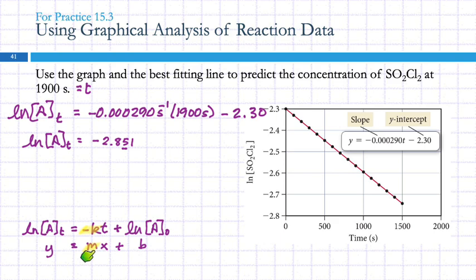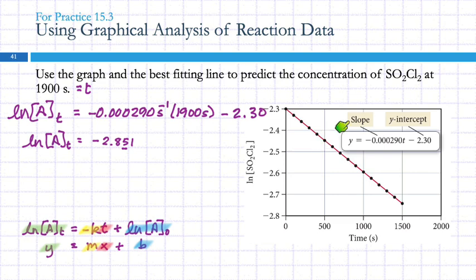We take the slope and change the sign to get k, or to get the slope, we take k and change the sign. Natural log of A is equal to y. Natural log of A0 is equal to b. And t is equal to x.